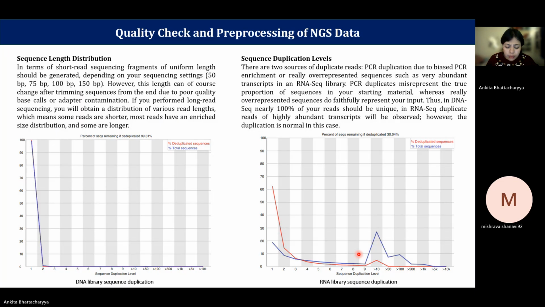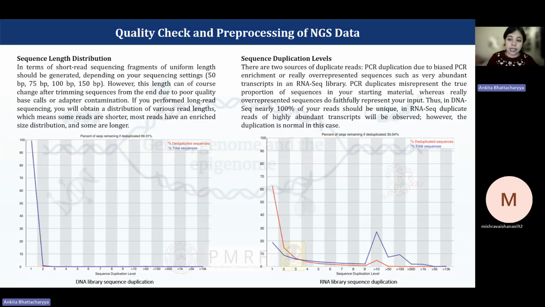This is actually expected for an RNA-seq library, because you will find certain sequences to be highly enriched and represented multiple times. But for DNA sequencing, you would not expect that to be the case, and you would expect there to be only one copy or a maximum of two copies if it is diploid, and not more than that. So this is what we had discussed in the last class.